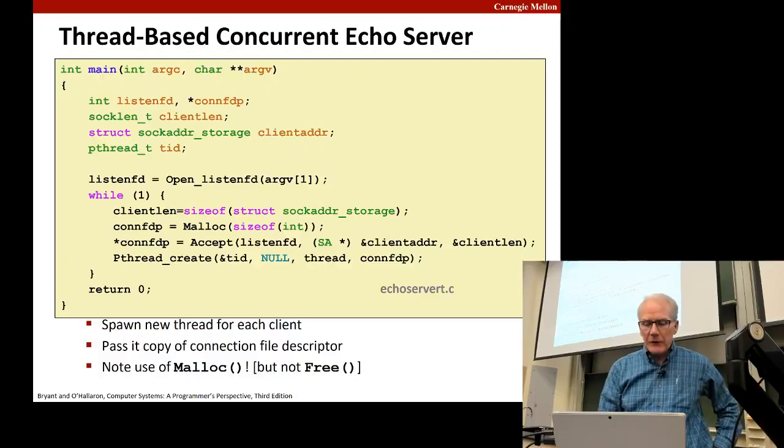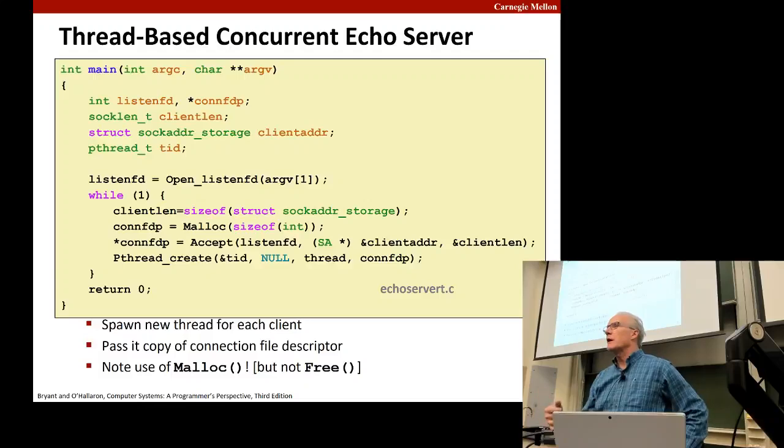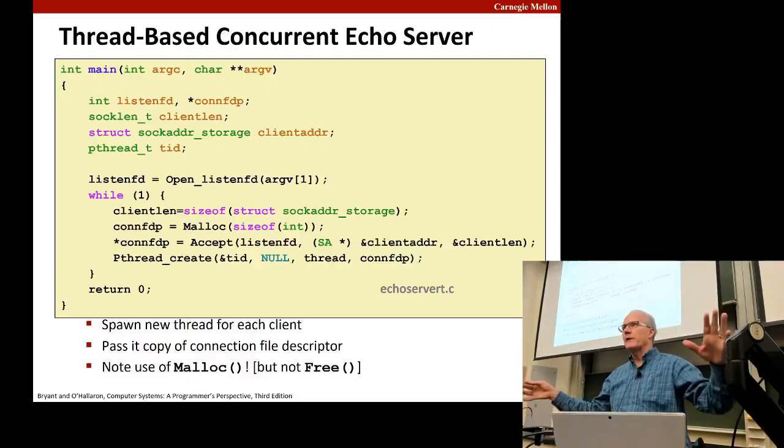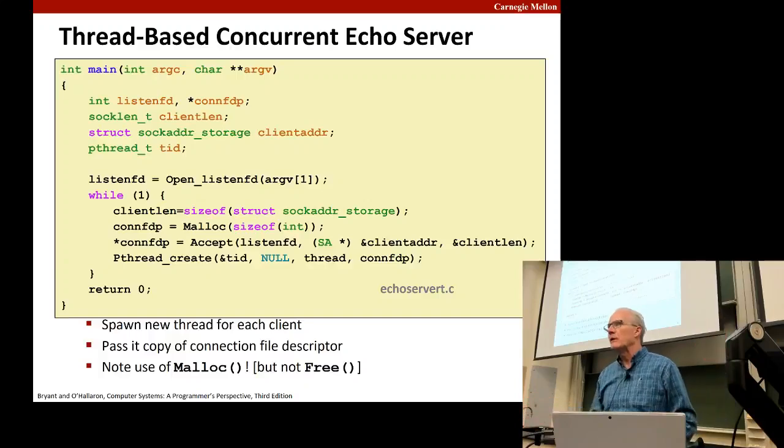What I want to do is, you remember, I'm going to want to create a thread for every new client that contains enough information to be able to do an echo back and forth, which, if you think about it, all it really needs is the connection file descriptor. Because remember, threads by definition share all the file descriptors because that's part of the global data.